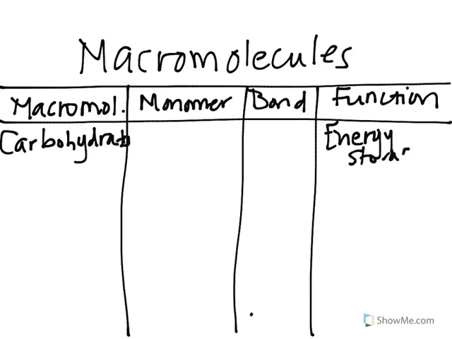And some carbohydrates actually play an important structural role. For example, we talked a little bit about cellulose, which is found in the cell wall of plants. And we also talked about chitin, which is found in the exoskeleton of insects and in the cell wall of fungi. So there's these two important roles, energy storage and structural support.